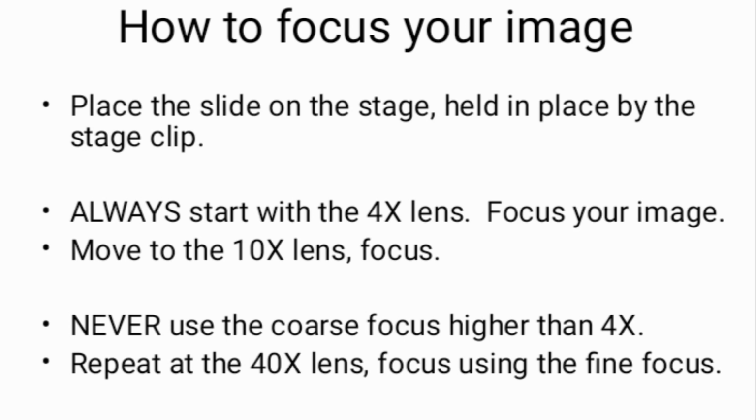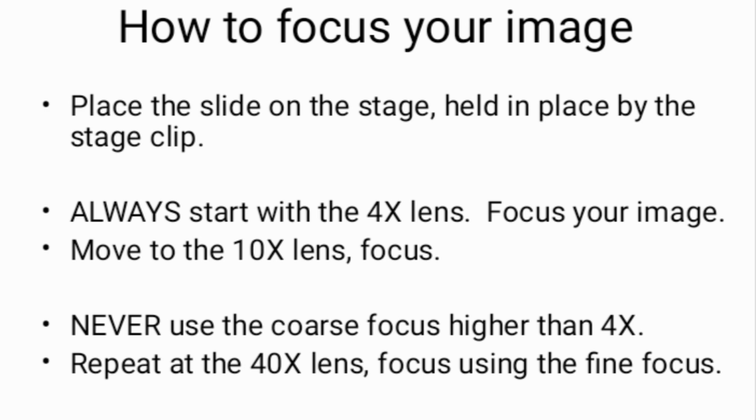So this is just telling you that to get the focus of your image, you start with 4 times magnification of the objective lens. After you get the focus, then you move to 40 times. After you get it, do not touch the coarse adjustment again.